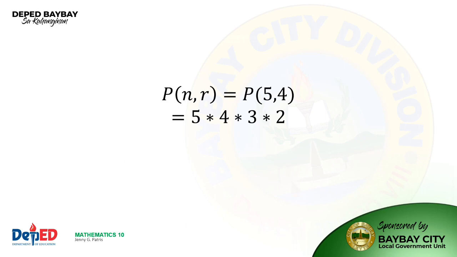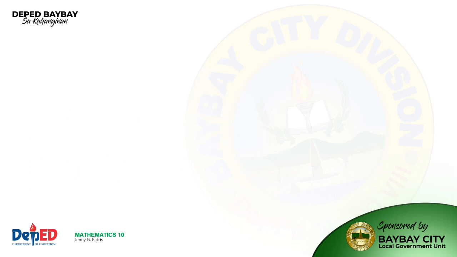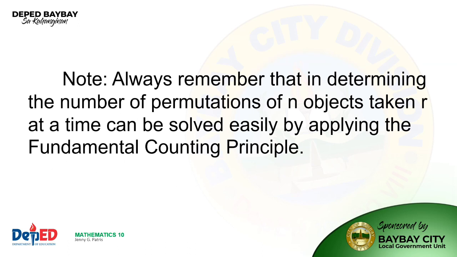Applying the fundamental counting principle, we can have 120 ways in selecting a set of officers. Always remember that the number of permutations of n objects taken r at a time can be solved easily by applying the fundamental counting principle.